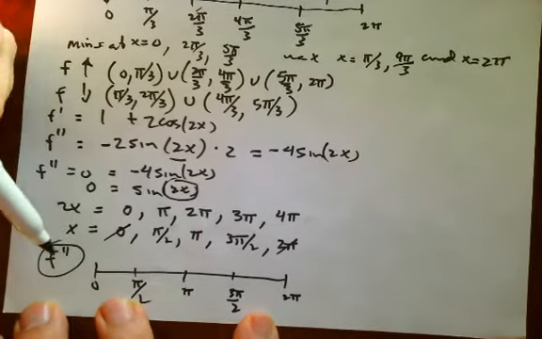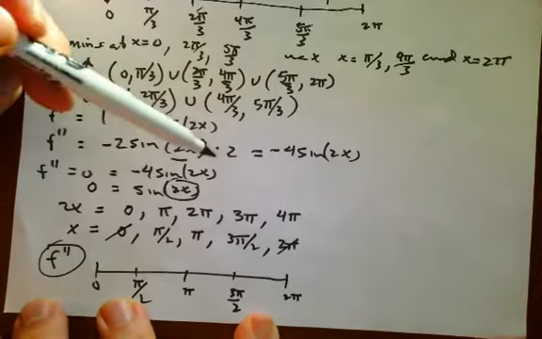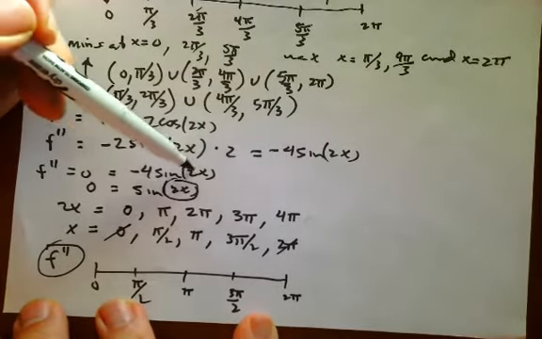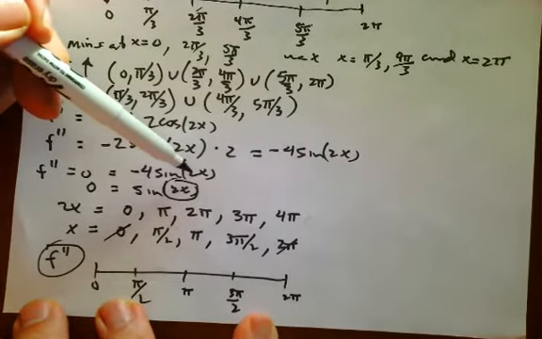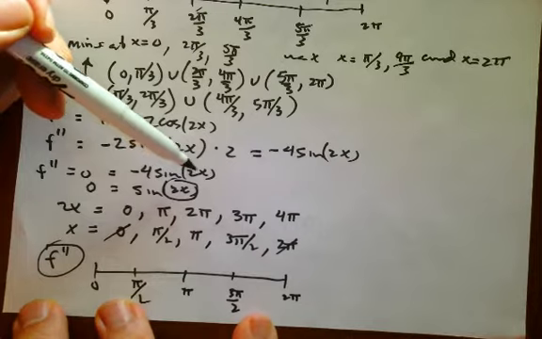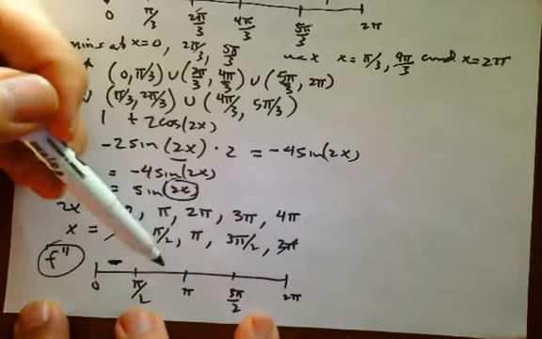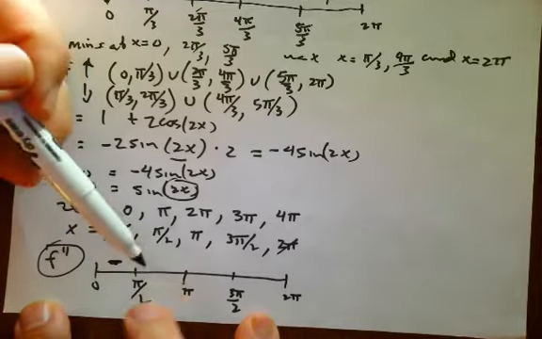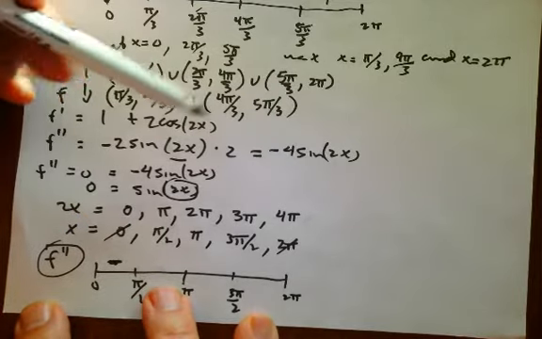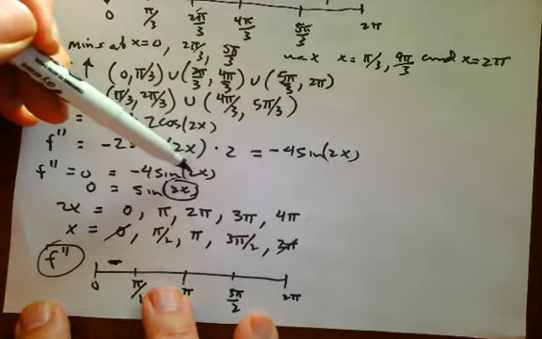Okay, and I'm testing values in f double prime. So one of the reasons I write this down here is to remind me this is an f double prime sine chart, therefore I'm plugging values not back into f prime or f, but instead into f double prime. So what's something between 0 and pi over 2? How about pi over 4?